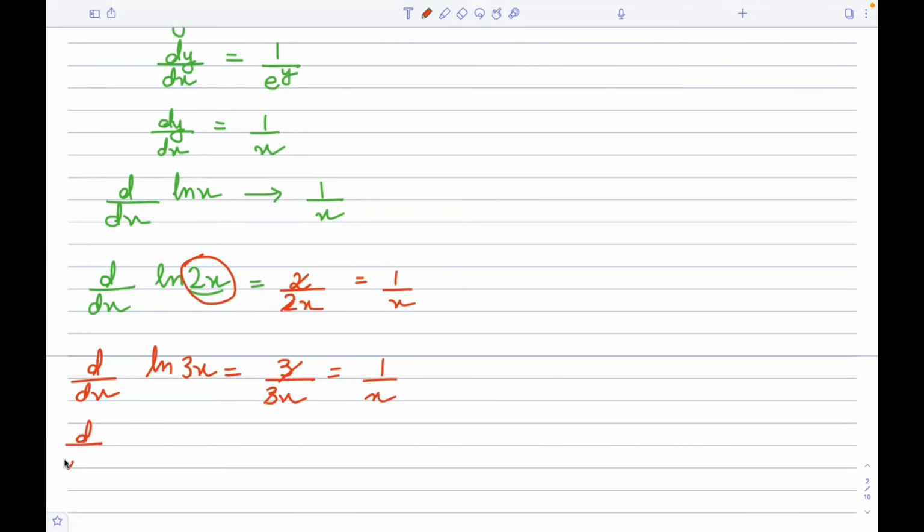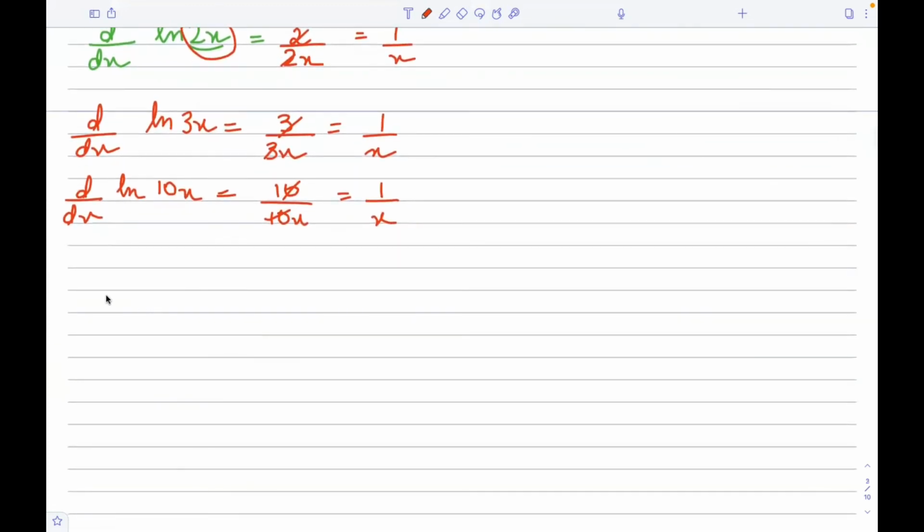So anything of the form ln of, let's say, 10x will be written as 10 over 10x, and they will all simplify down to become 1 over x. We can now simplify it down, where we can write ln of ax plus b as the derivative of ax plus b divided by the whole function.